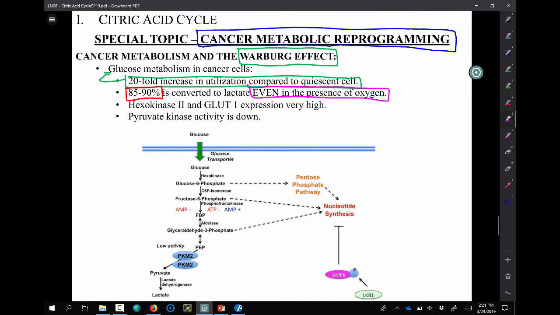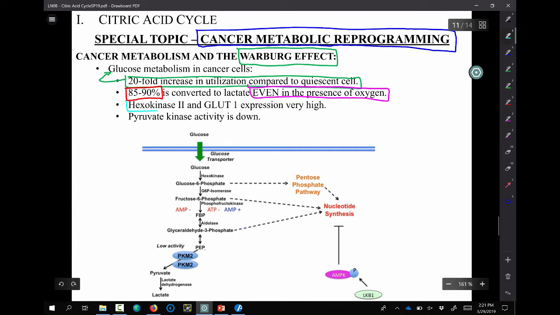Now, in terms of glucose metabolism, increasing absorption of glucose and then making lactate, there's really two questions. How do they do that, and why do they do that? Well, we can give some very good answers for how. The why is still, we've got some good theories out there, but it's not entirely understood in all cases. But let's talk about the how first, because we can give good answers.